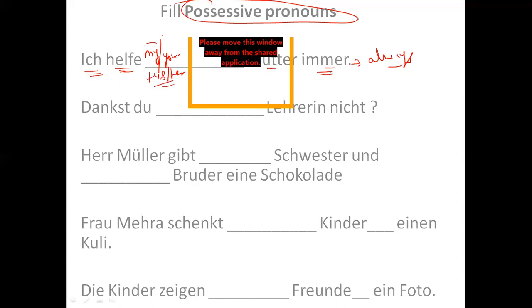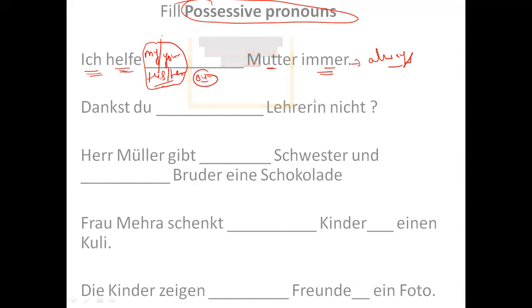So all the answers are correct. All the possessive pronouns are correct. I help our mother, right? But I need to choose the appropriate one. So appropriate would be I help my mother. The teacher is expecting the answer my. The teacher is not expecting his, I help his mother, or I help your mother.